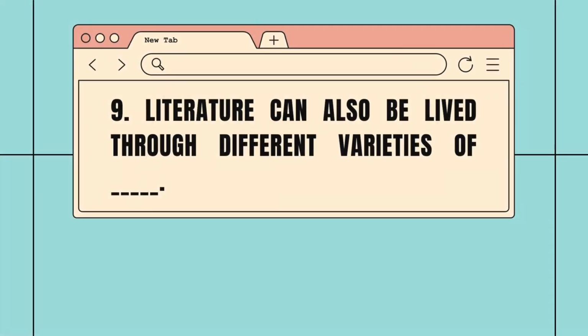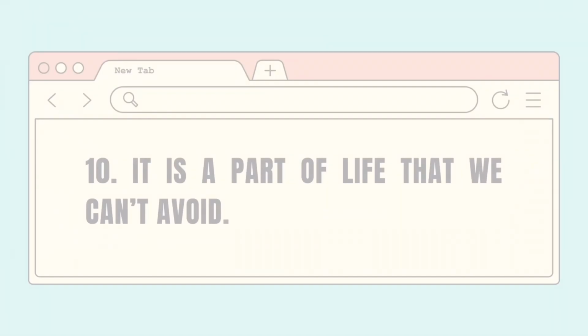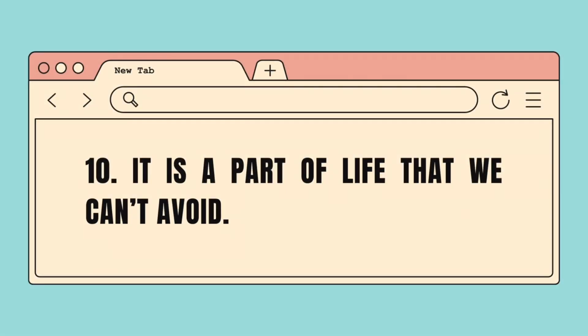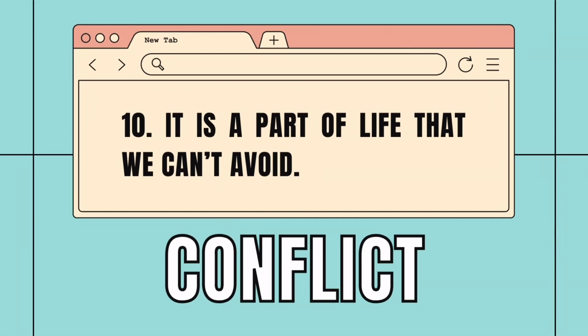The correct answer for number 9 is media. For the last number, it is a part of life that we can't avoid. You are correct! The answer in number 10 is conflict.